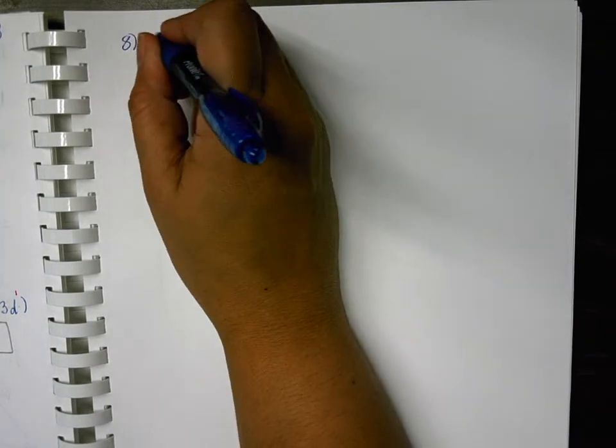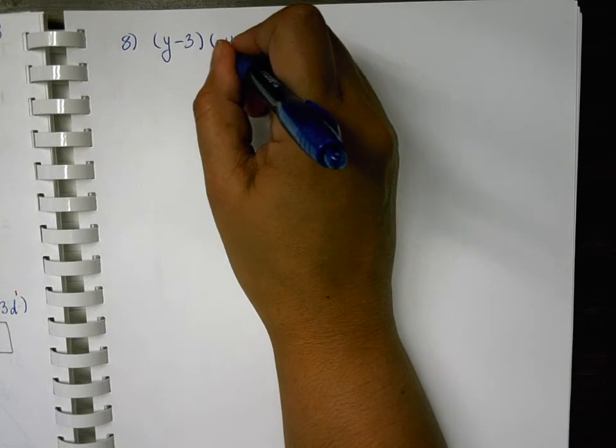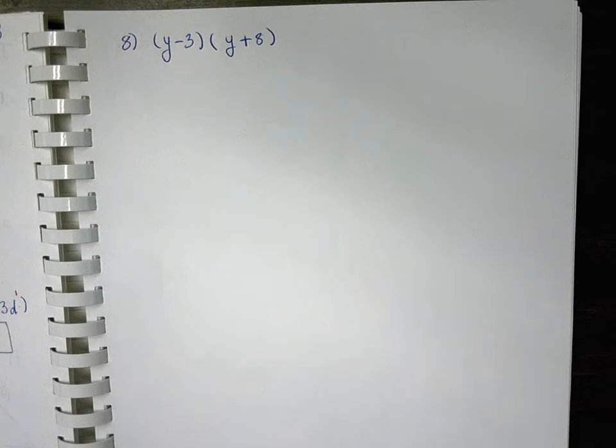Okay, number 8. Parentheses y minus 3, parentheses y plus 8. Would anybody like me to show it with the first, outer, inner, last little bits and pieces? No? Do any of you want to try it on your own?